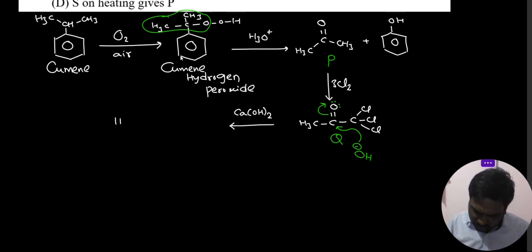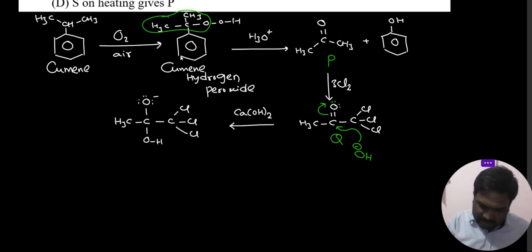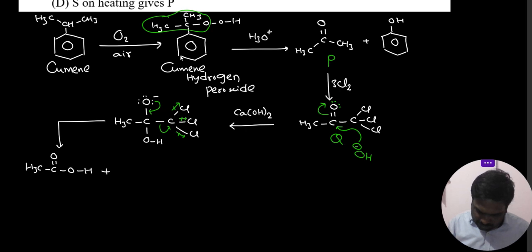The OH attacks the carbonyl, then the lone pair forms the pi bond and the bond breaks due to the polar C-Cl bonds. Then CH3COOH plus CCl3 minus is formed.